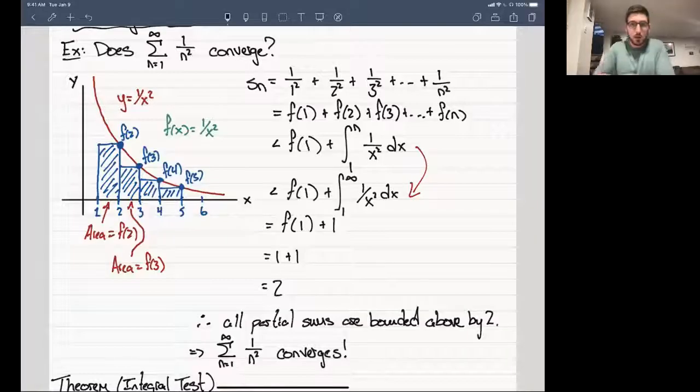For example, maybe if I share my screen just to close this off, if we look back at where we started with this 1 over n squared term, we saw that if you use the integral test here, you get 1. Whereas I mentioned that the sum of this thing is pi squared over 6.